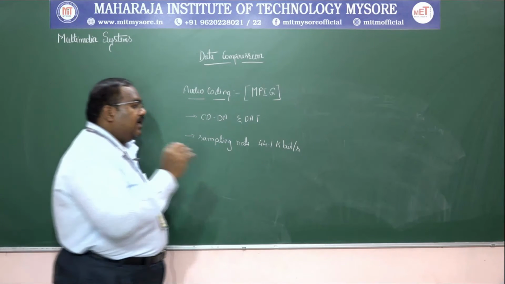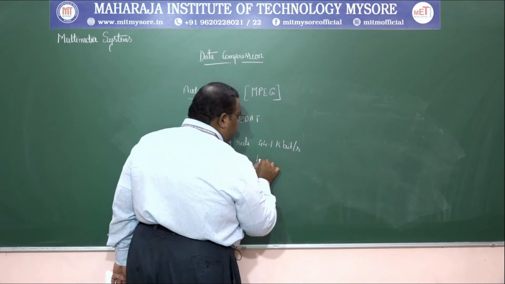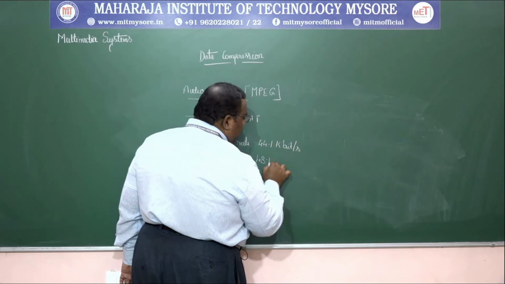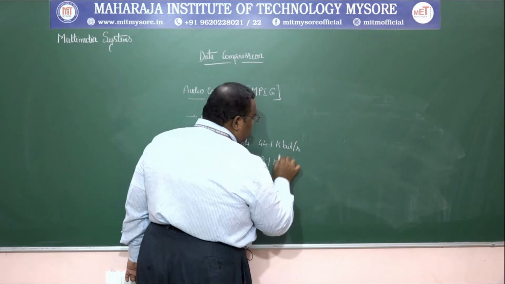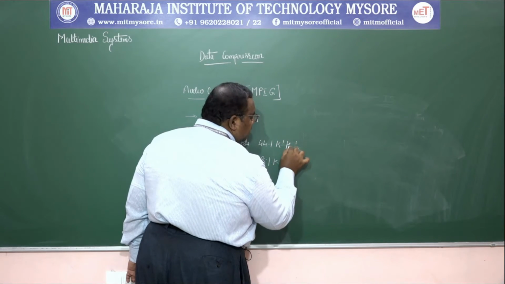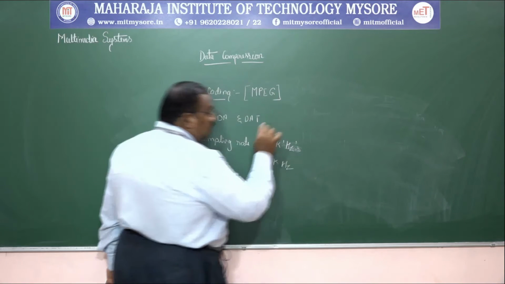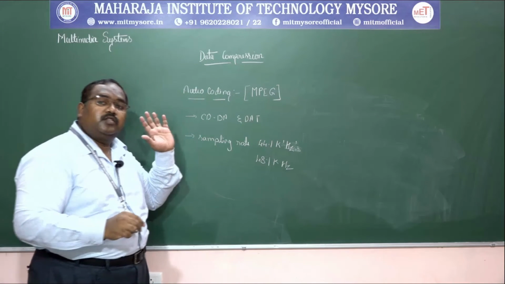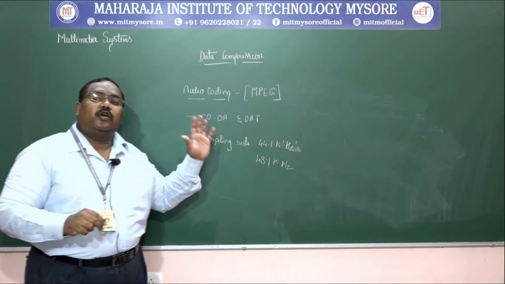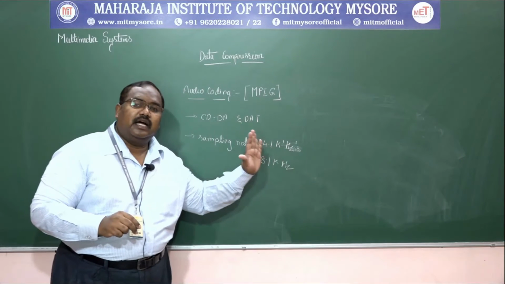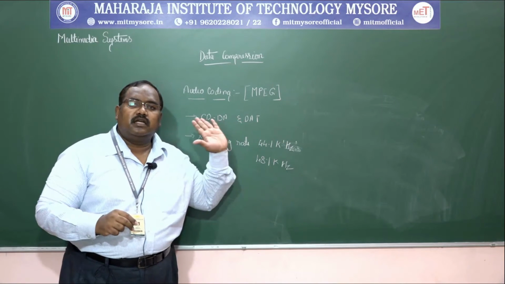The sampling rate can also extend to 48 kilohertz. Sorry, it's hertz, kilohertz, because we are talking about the sampling rate with respect to audio. When you talk about audio, the unit is always hertz, or cycles per second.